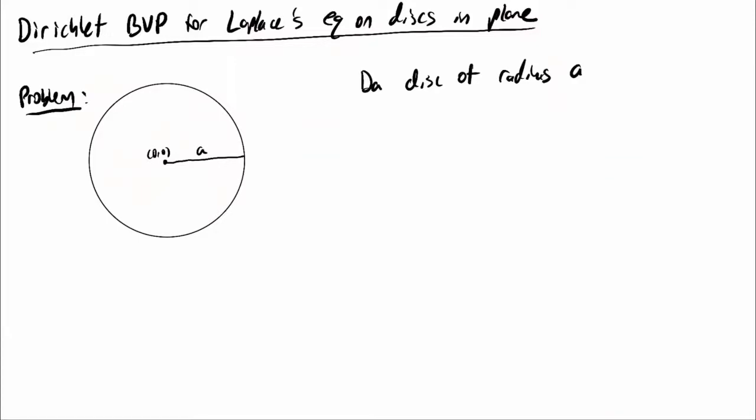We can describe this in Cartesian coordinates as the set of all points such that x squared plus y squared is less than a squared. This means the distance from the point to the origin is less than a. If the distance is equal to a, then you're on the boundary. So this is our boundary.